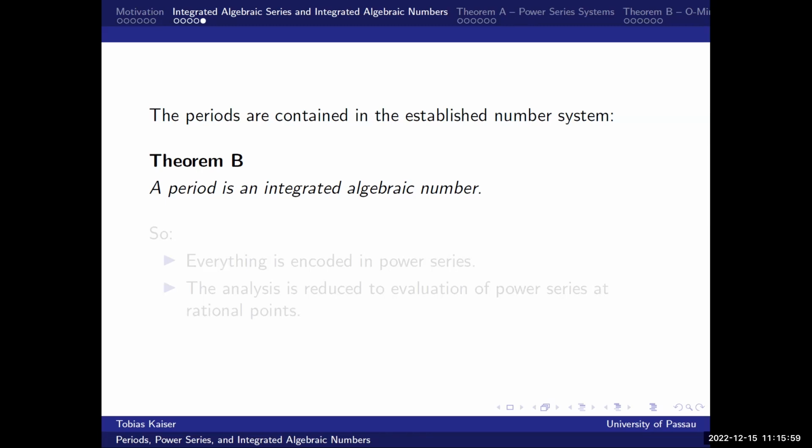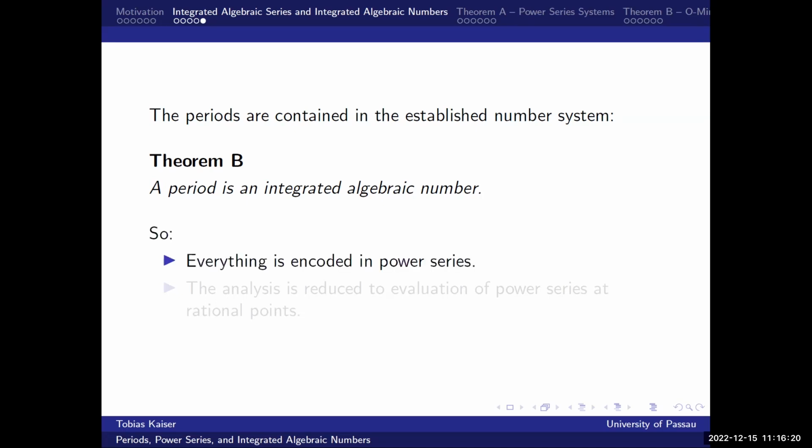So in this way I obtain all periods, but of course much more, because it's easy that 1 over pi is an integrated algebraic number, since I am allowed to take reciprocals, for example.